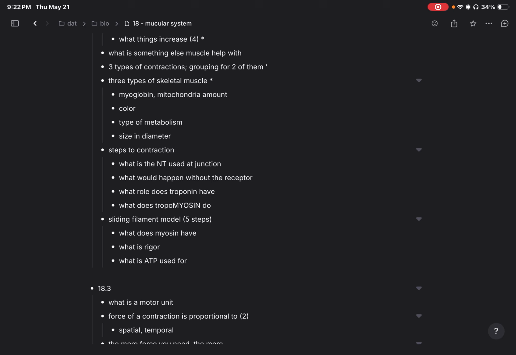That acetylcholine will cause the surface to depolarize, and then that action potential will spread along the muscle. Then it'll get to the T tubules, which will take the action potential into the cell, which will cause depolarization. So Na plus will be going into the cell, right?